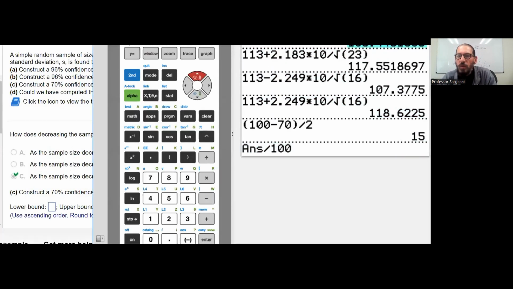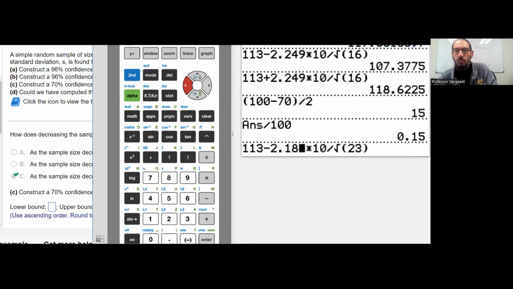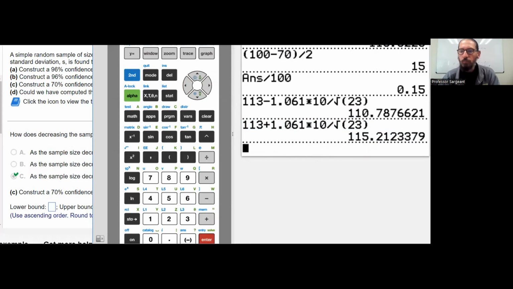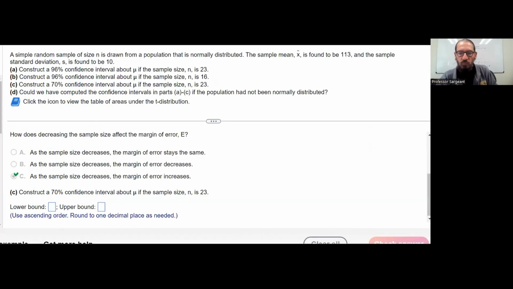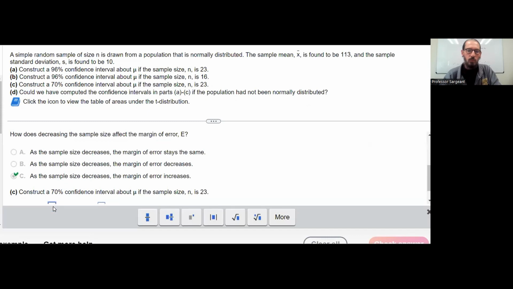Scroll back here to what I did with 23, but replace the previous T sub alpha over 2 with 1.061 to get our lower bound, and then switch the subtraction to addition to get my upper bound. We want that to one decimal place. So 110.8 and 115.2.